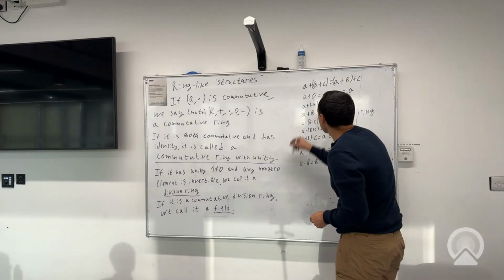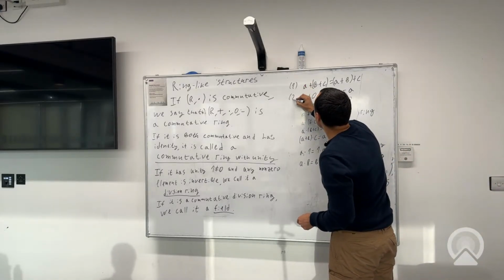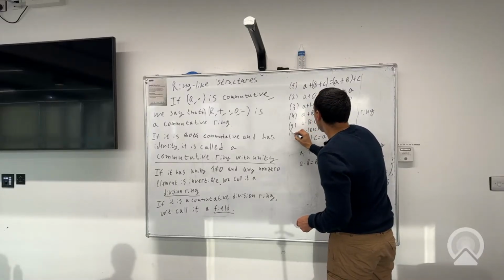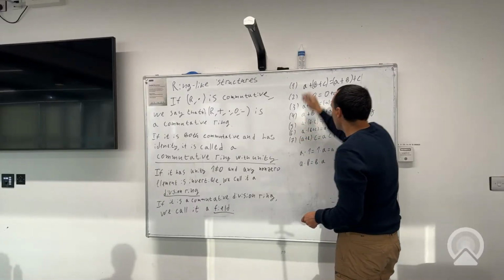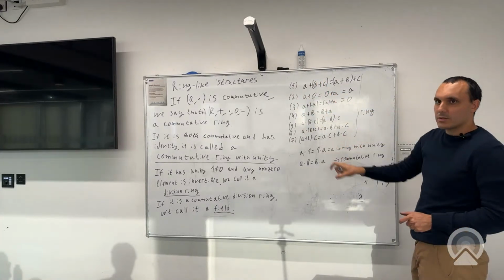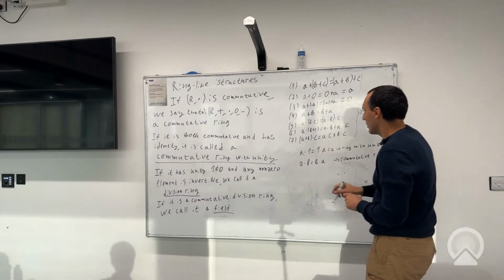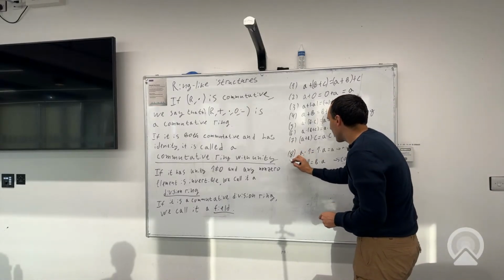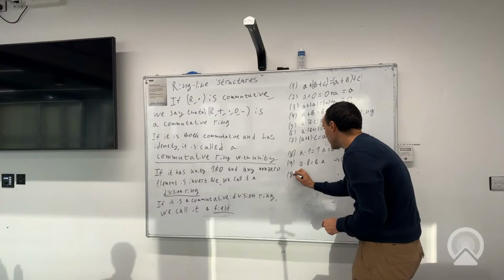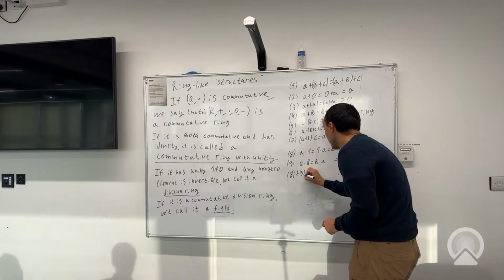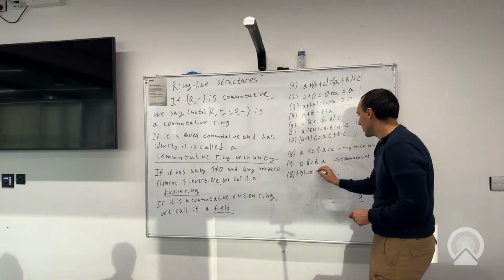So I number these 1, 2, 3, 4, 5, 6, 7. So 1 to 7 is the basic structure, and these are additional structures.